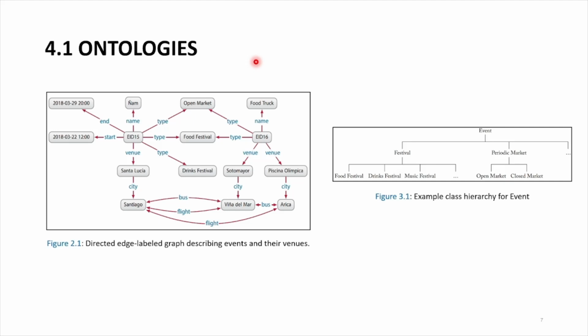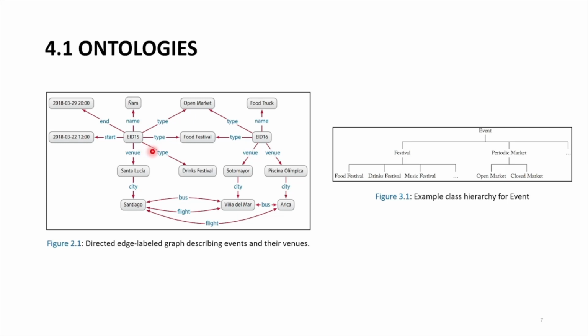To enable entailment, we must be precise about what the terms we use mean. Returning to Figure 2.1 again, for example, if we examine the node EID16 more closely, we may begin to question how it is modeled, particularly in comparison with EID15.